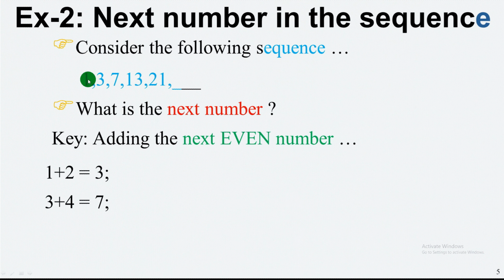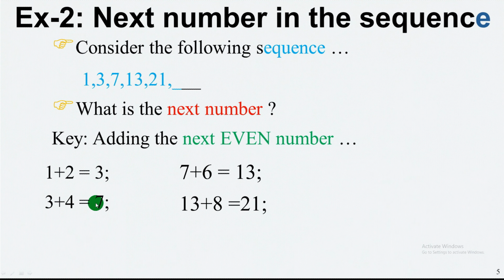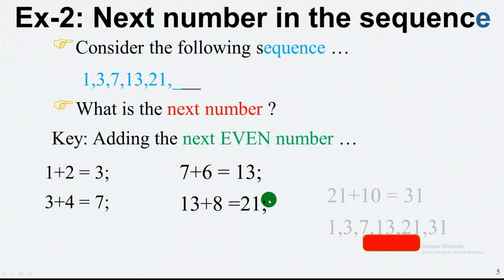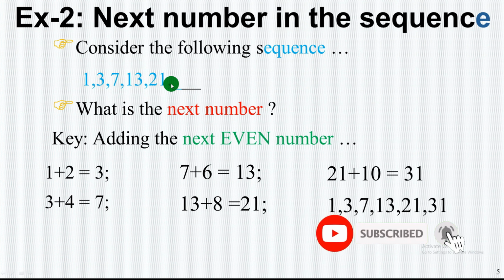For instance, 1 plus the next even number, 2, is 3. Then 3 plus the next even number, 4, is 7. 7 plus the next even number, 6, is 13. 13 plus the next even number, 8, is 21. And 21 plus the next even number, 10, is 31. So the next number after 21 is 31.